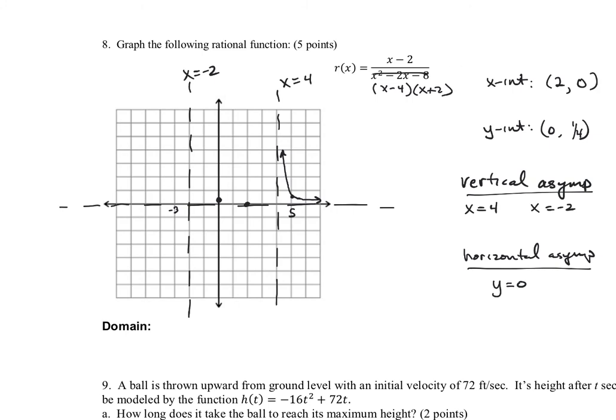So if I plug in -3 for x in the numerator, that's going to be -3 minus 2, which is -5. In the denominator, -3 minus 4 is -7. -3 plus 2 is -1. -7 times -1 is +7. So -5 sevenths is just slightly over -1/2, right about there. So the location of that point is enough to know that that piece of the graph looks something like that.